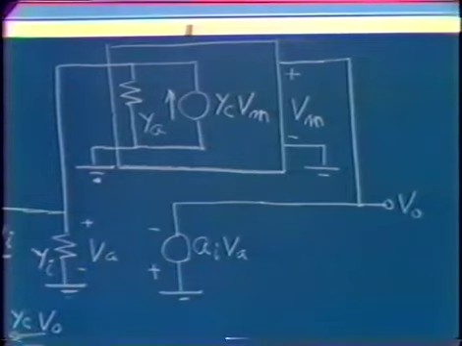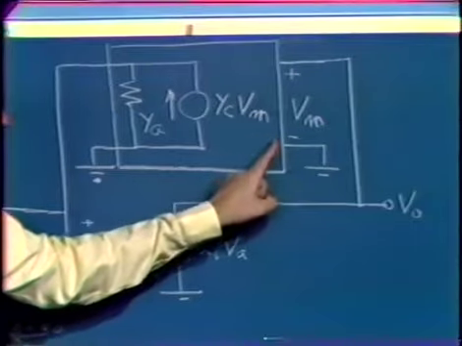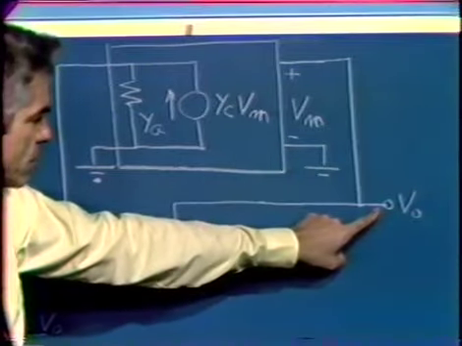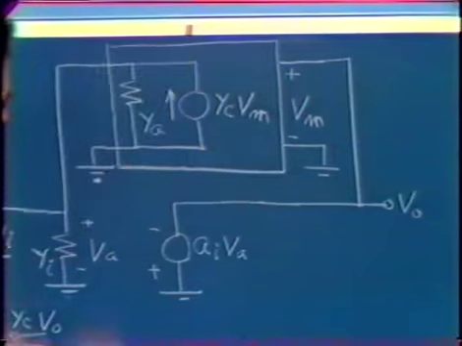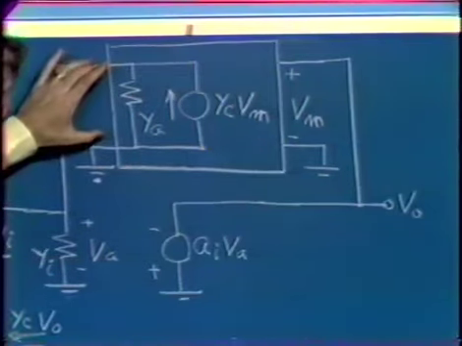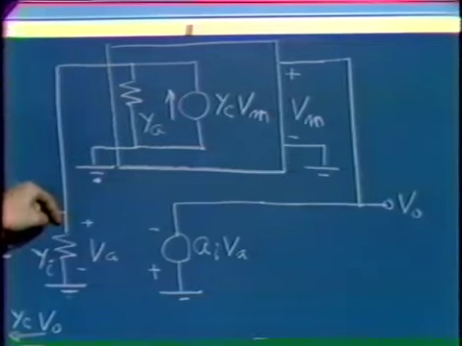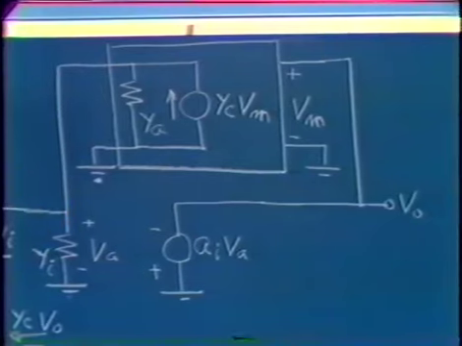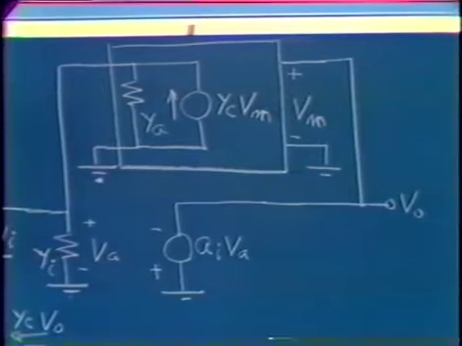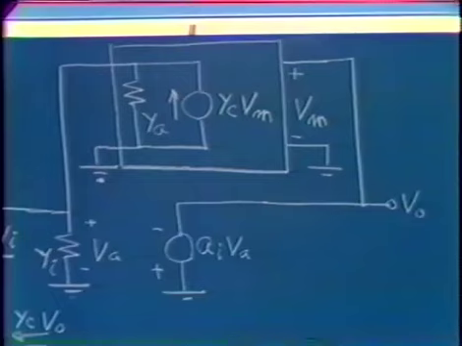We then form a minor loop by connecting a compensating network from the output to a two-port network, and the second port of the two-port network is connected back to the input of the second stage. We'll find it convenient to represent the two-port in terms of its short-circuit transfer admittance.